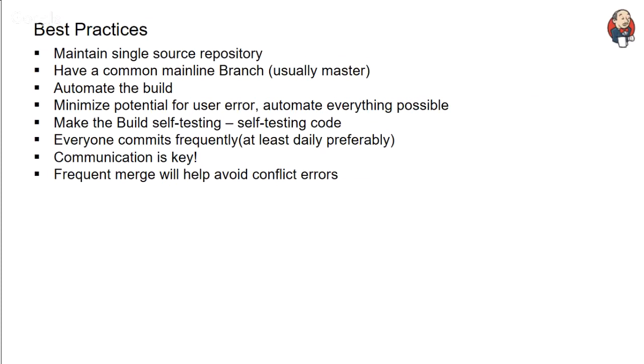Next is have a common mainline branch, usually master. If your code is being worked on by multiple developers, it's always recommended to have a common mainline branch for all of them, so that soon after they commit a feature, if it's going to affect what you have done, you will get a notification at an earlier stage itself.